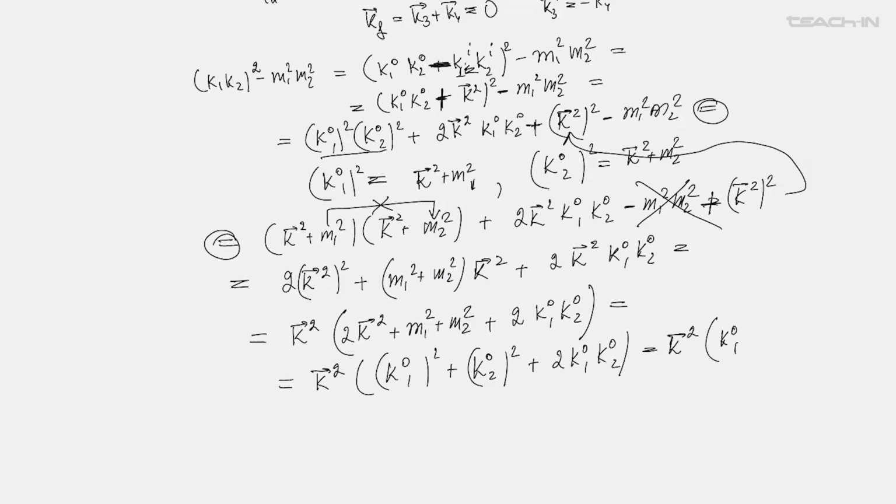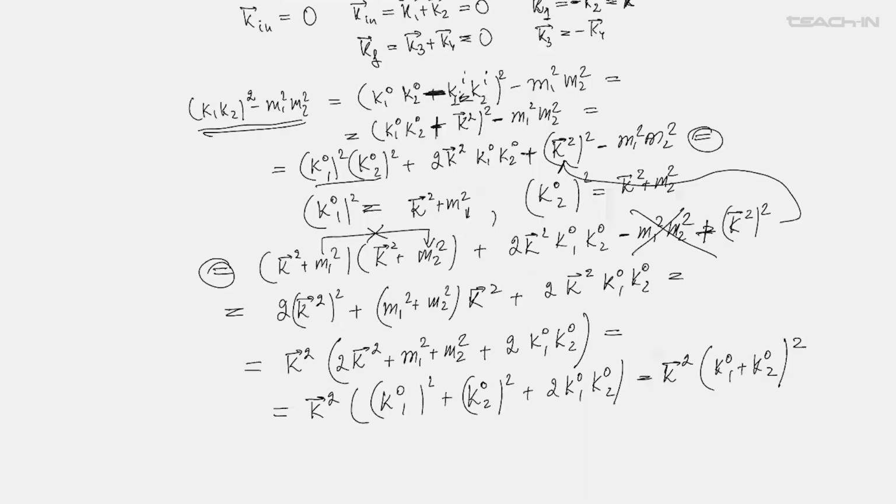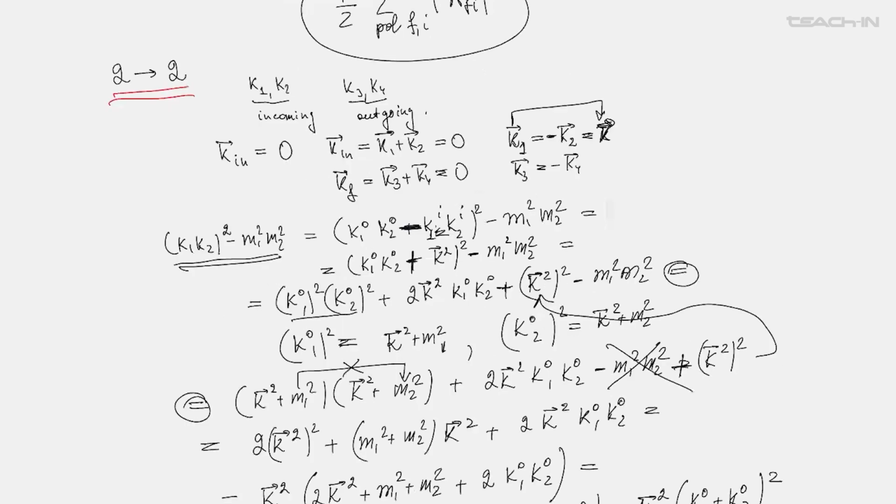Okay, so we are computing this quantity here in a particular frame. Recall that this is the center of mass frame of the incoming particles, and we see that this is the expression we get.